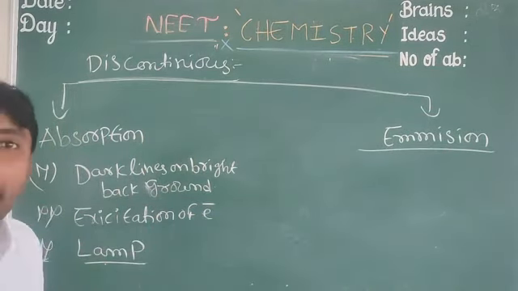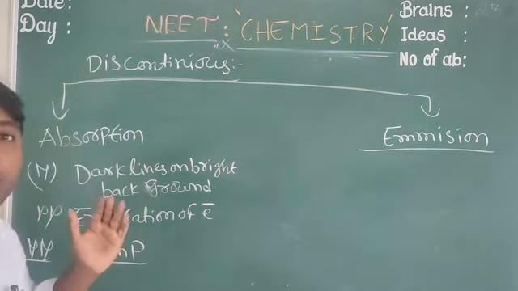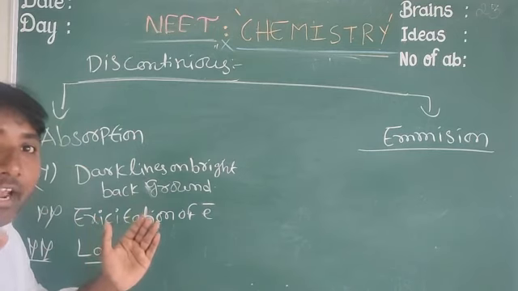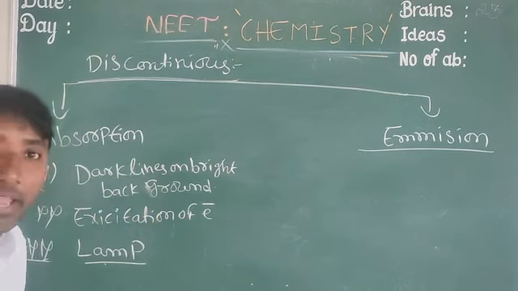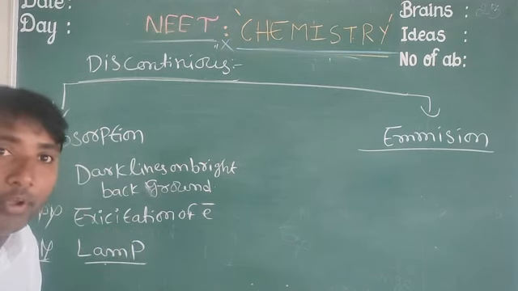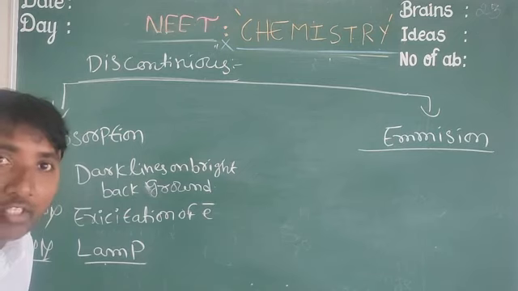What is the emission spectrum? Absorption spectrum means when the radiation energy is being absorbed. Emission spectrum means this spectrum is produced by release of radiation energy.